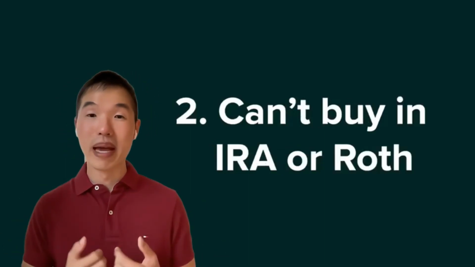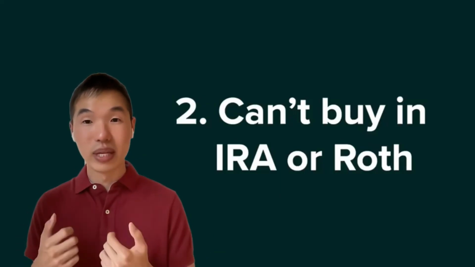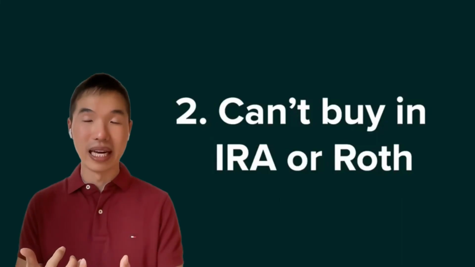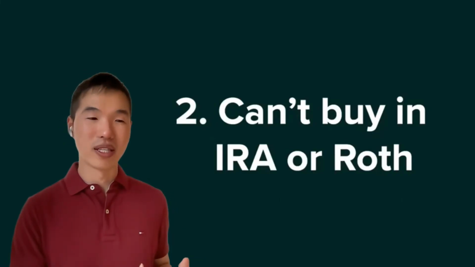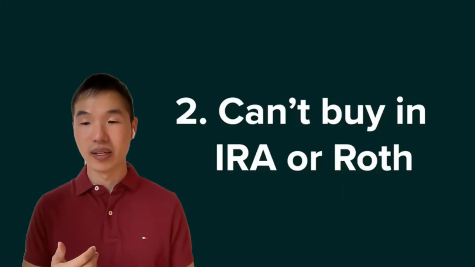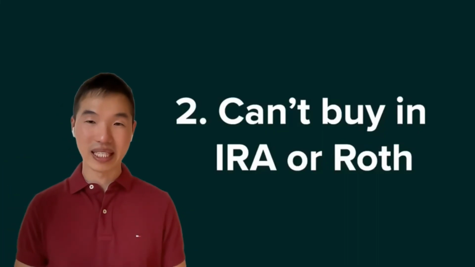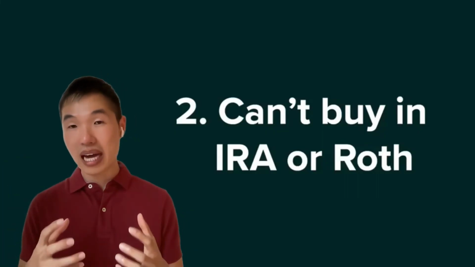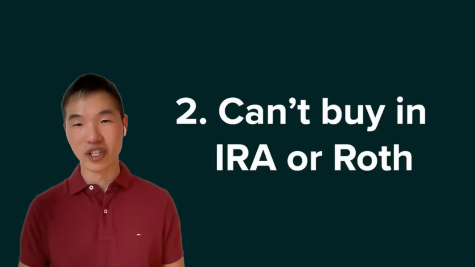The second reason you may not want to buy on Treasury Direct is typically you can't buy through your IRA or through your Roth on Treasury Direct. Why might you want to do this? Well, Treasury interest is taxed at ordinary income tax rates, which is higher than capital gains tax rates. So a lot of the times you may be better off holding these in tax advantaged accounts.